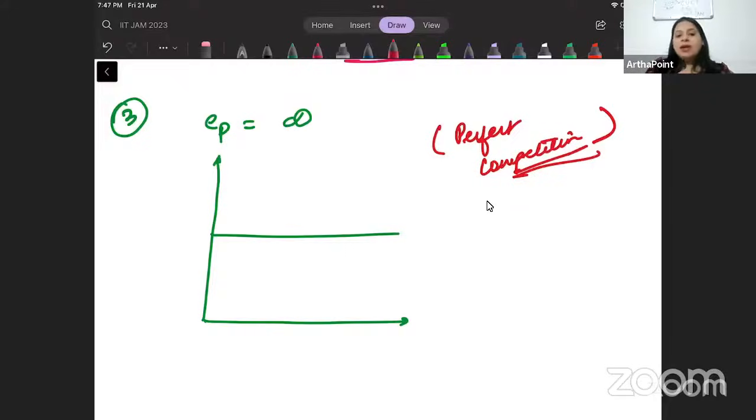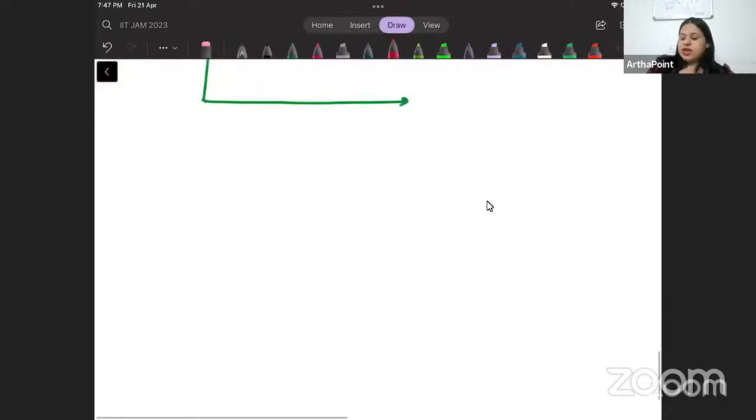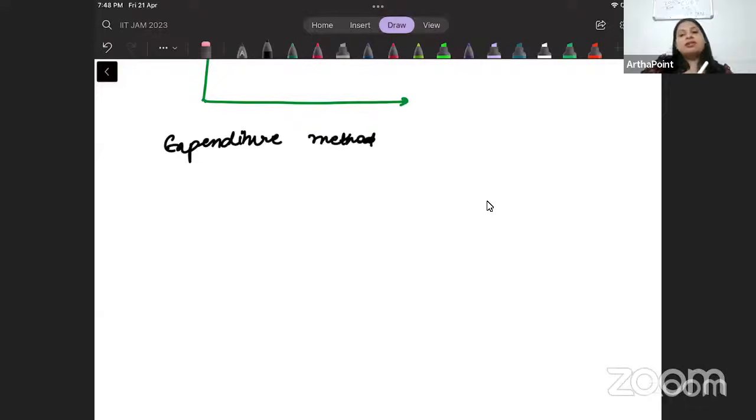So now we will talk about the expenditure method, because we have already talked a bit about the expenditure method. When we talk about the expenditure method, you have to remember 3 things.